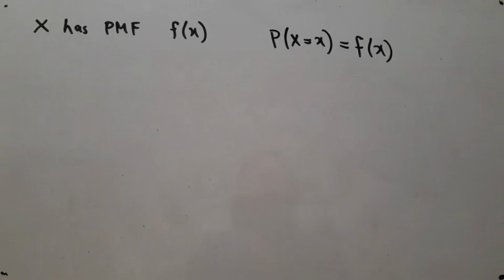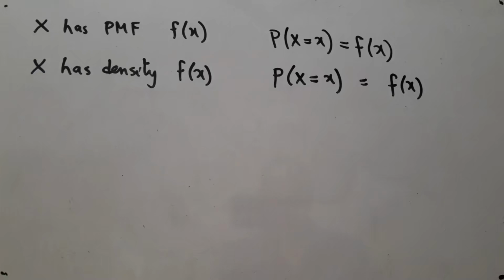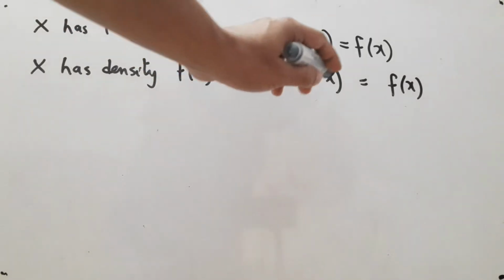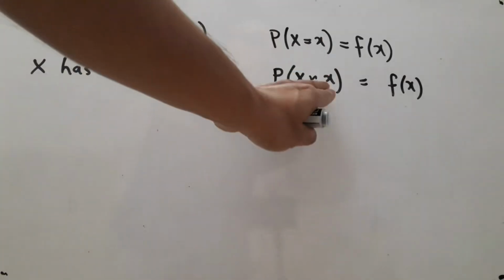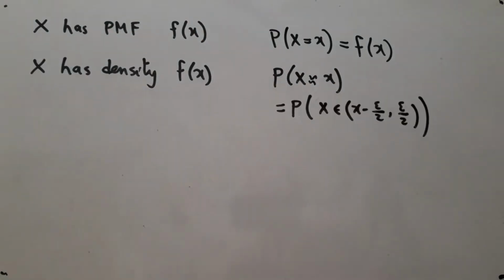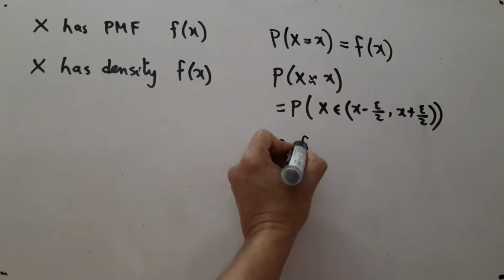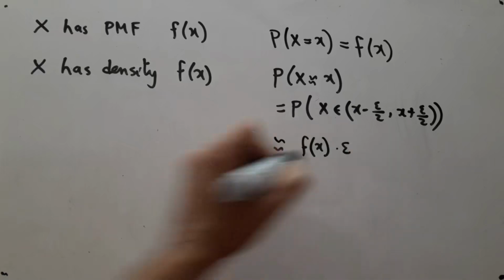Now let us see what happens if it has density. If I make this statement, then is it correct? No, because this will always be equal to 0. But there we saw one intuitive explanation, and that was, if we take x approximately equal to x, in other words, x lies in a little neighborhood around x, from x minus epsilon by 2 to x plus epsilon by 2, then this is approximately fx times epsilon.